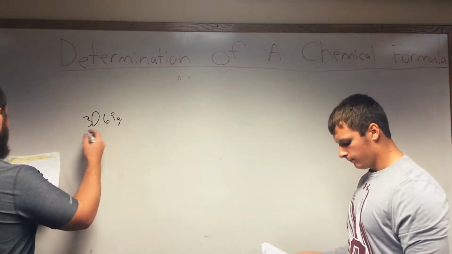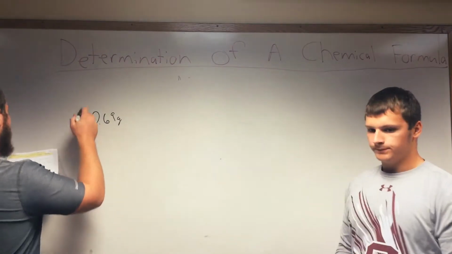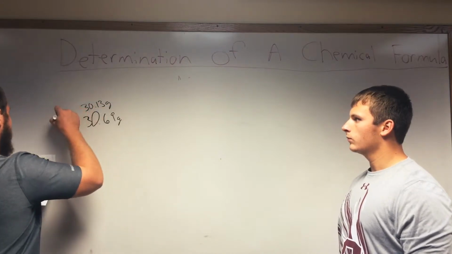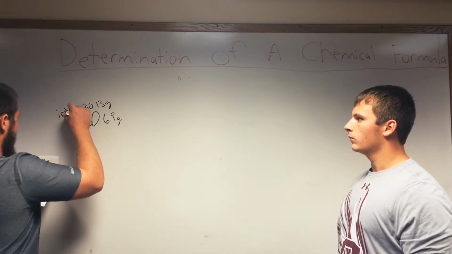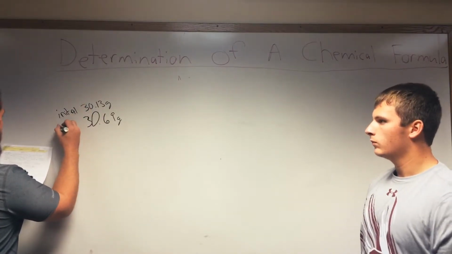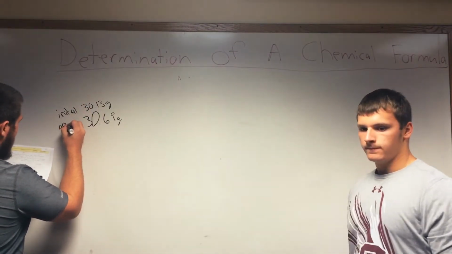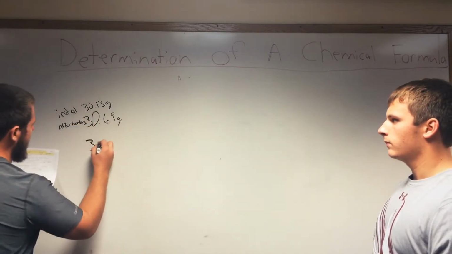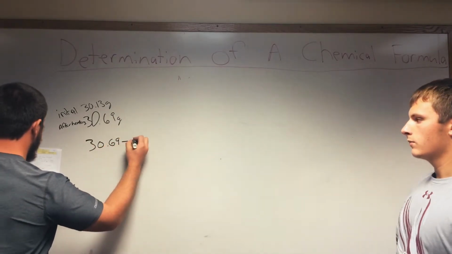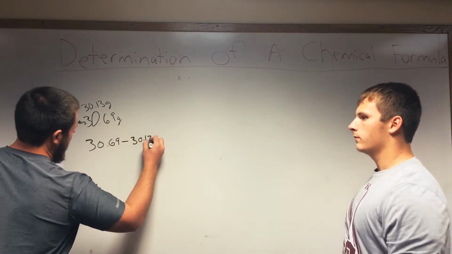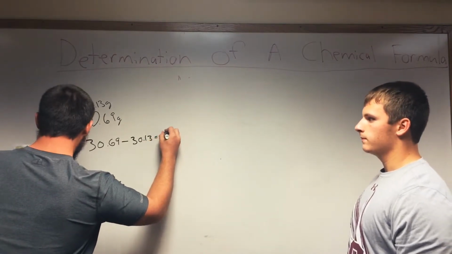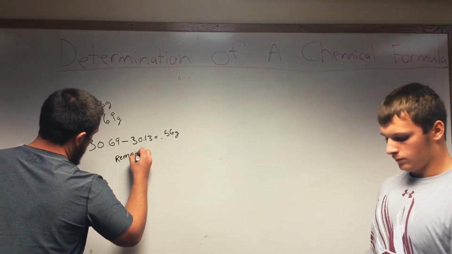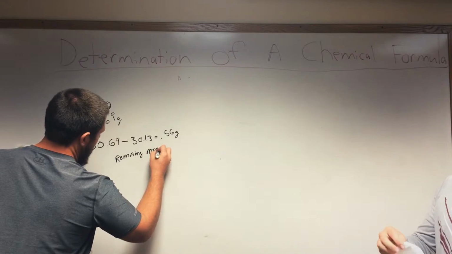And so with the initial mass of the beaker being 30.13 grams, what we did was we had to take 30.69 subtracted from 30.13, which gave us 0.56 grams, and that's the remaining mass of zinc.